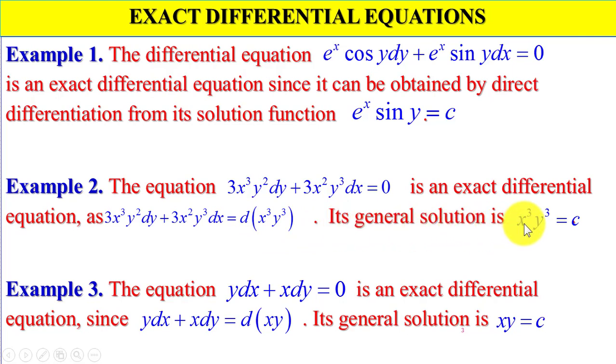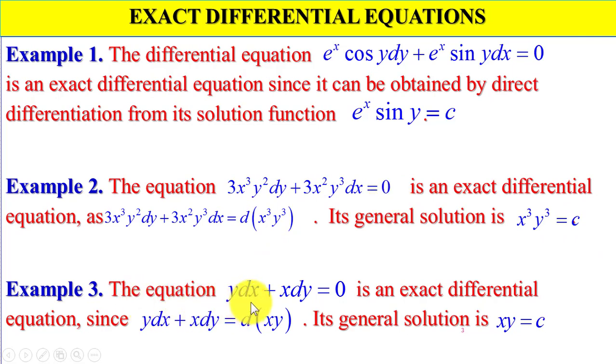Its general solution is x cube y cube equal to c, because if we integrate this, then we will get x cube y cube is equal to some arbitrary constant c. Therefore, this equation is an exact differential equation.